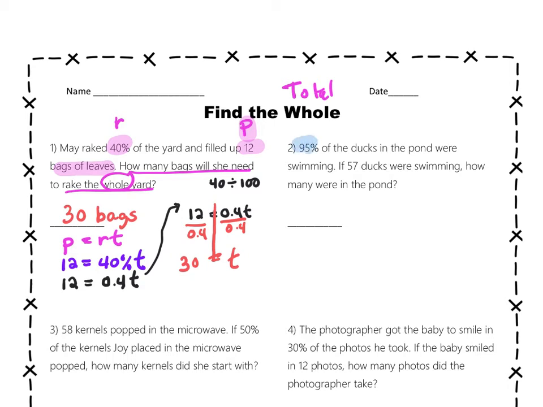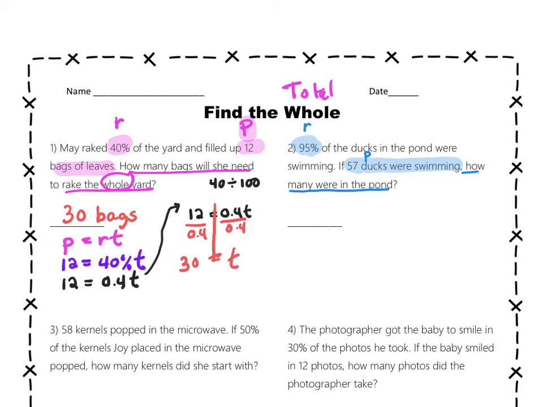We see 95%, and when we see a percent, we know that's our percentage rate. We see 57 ducks were swimming, and that's the part of them that were swimming. It asks how many ducks were in the pond, so that's the total. Only part of them were swimming.